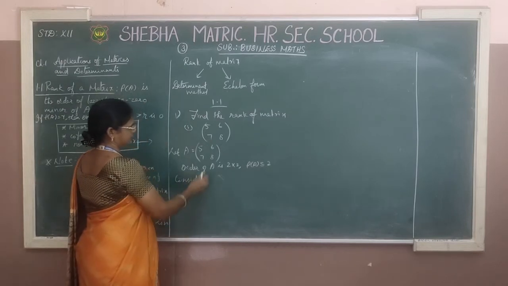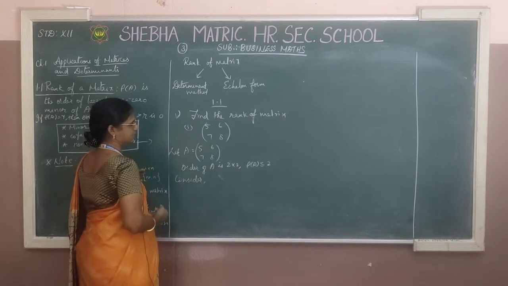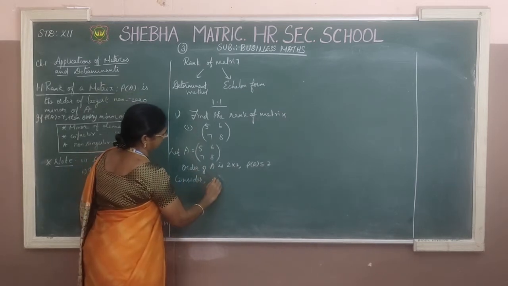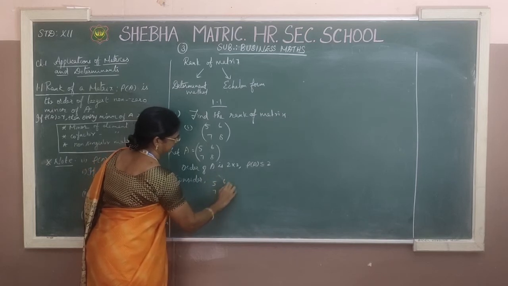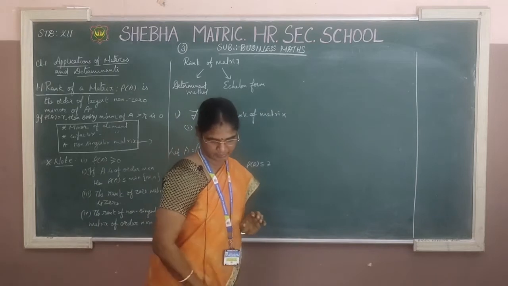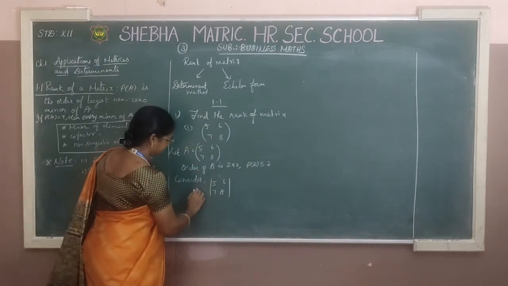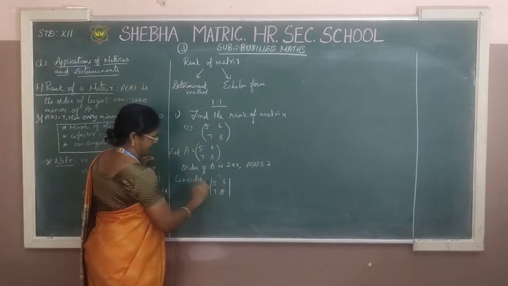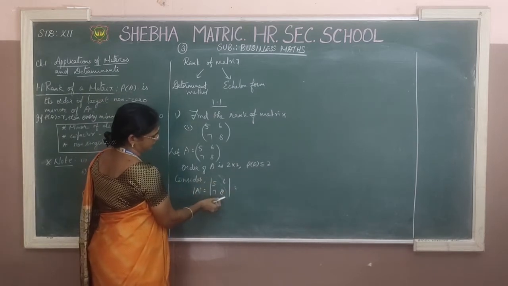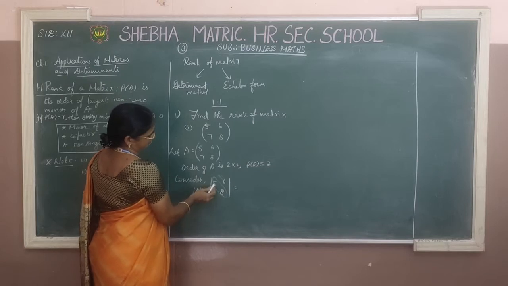the second order minor. Second order minor from this given matrix is nothing but you have to write all the elements in the determinant form, and that is denoted by determinant A, which is equal to, first find the value of this determinant. How to find?